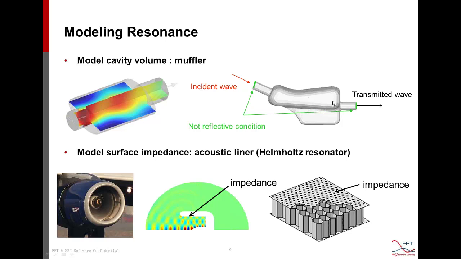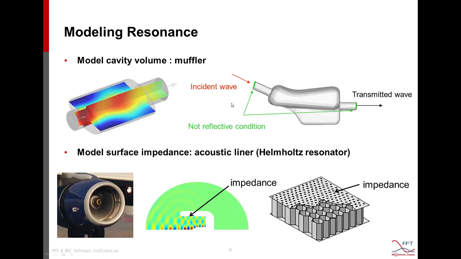So part of the wave is transmitted from the outlet, and some of the wave is reflected back to the upstream due to the shape change. And the indicator of the muffler performance is often the transmission loss, which is the ratio of the incident power and the transmitted power that are calculated automatically in the Actran computation.